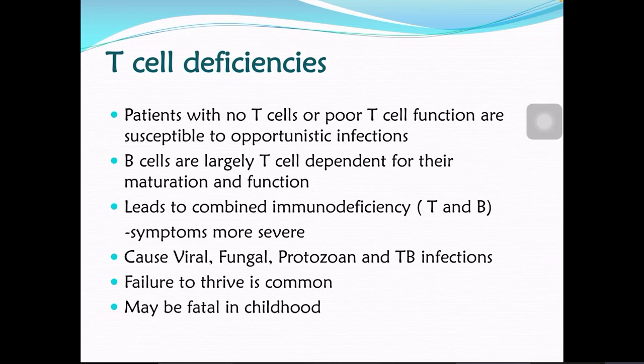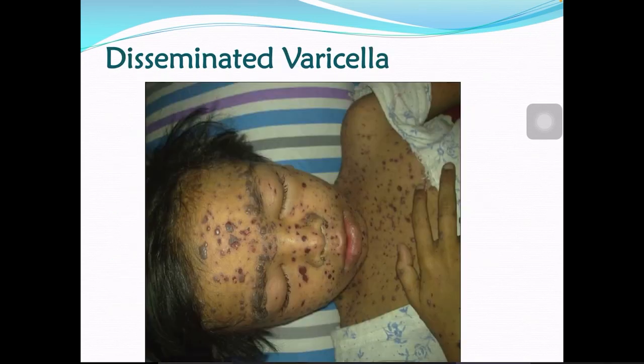So these patients are likely to have more severe illness and their symptoms will be very severe. They are prone to viral, fungal, protozoan and TB infections. We see them having significant failure to thrive, and in some instances, T cell deficiencies can be fatal in early childhood, right?